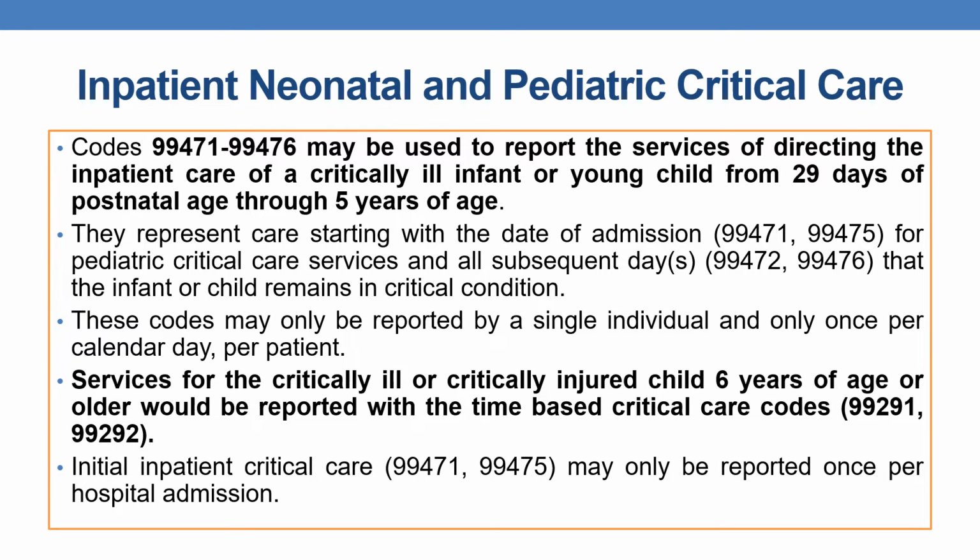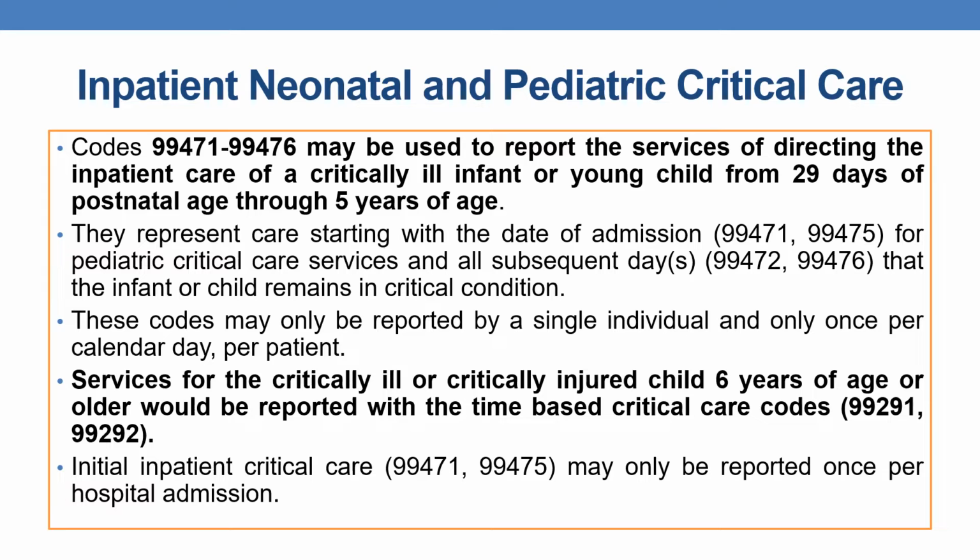The next set of codes are 99471 to 99476. They may be used to report the services of directing the inpatient care of a critically ill infant or young child from 29 days of postnatal age through 5 years of age. From 29 days up to 5 years, you need to report 99471 to 99476.